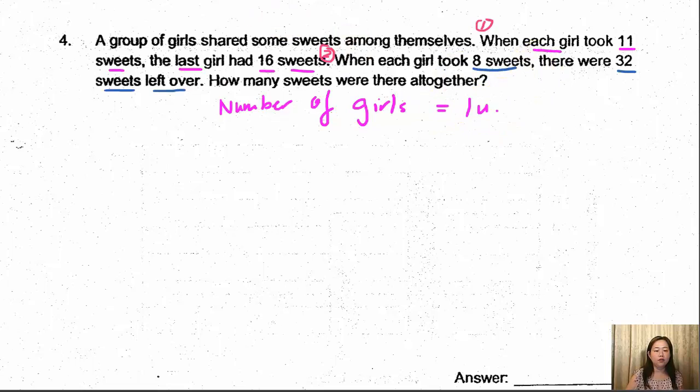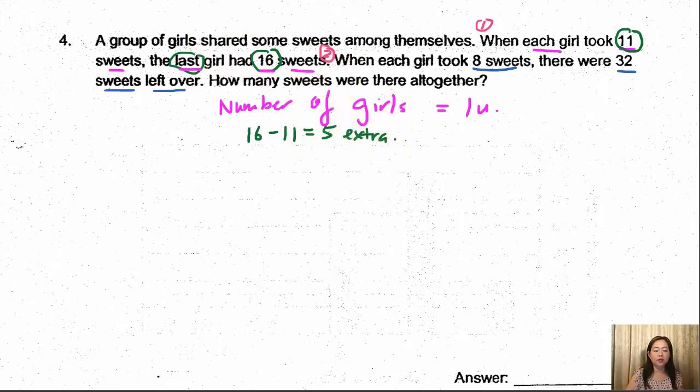And if you notice here, the last girl had 16 sweets instead of 11 sweets. So we can tell that 16 minus 11 is 5. It means that the last girl had 5 extra sweets.